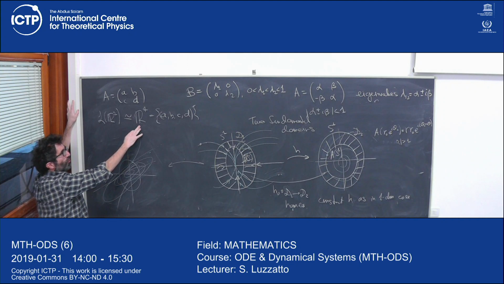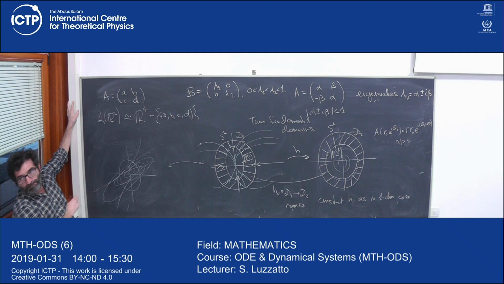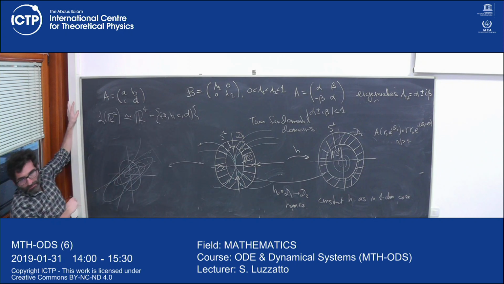And so you want to take another point that is very close to A, B, C, D, and you say, okay, that linear map, is it topologically conjugate to my original linear map? Okay, so I will leave it for you to think about a little bit, but you have all the tools to do that.